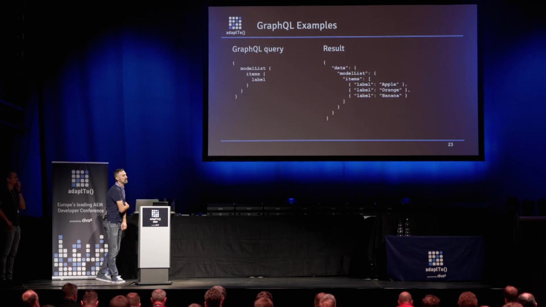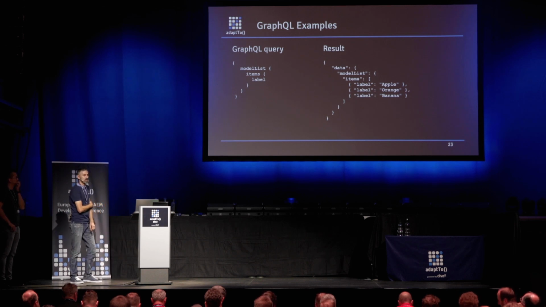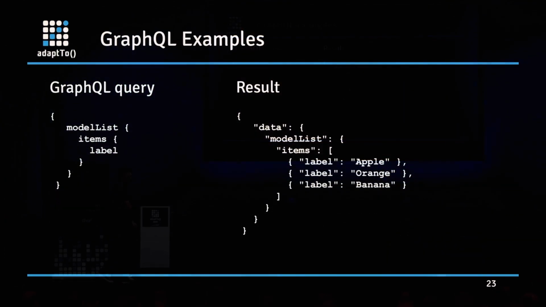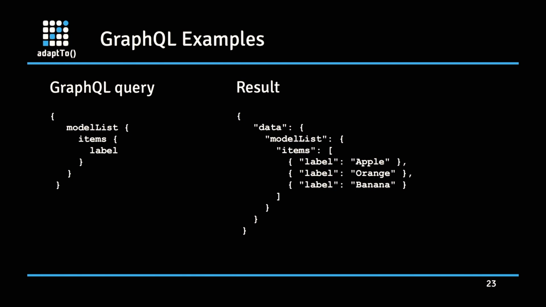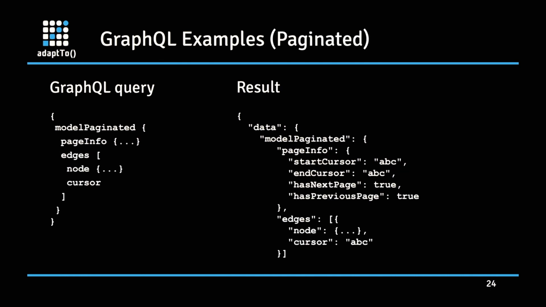An example of how you can retrieve GraphQL content from AEM is just a regular query with several types which AEM offers. Here we have a model list, which is one of the types which AEM offers for content fragments, and the result is just a list of items from the content fragment model.